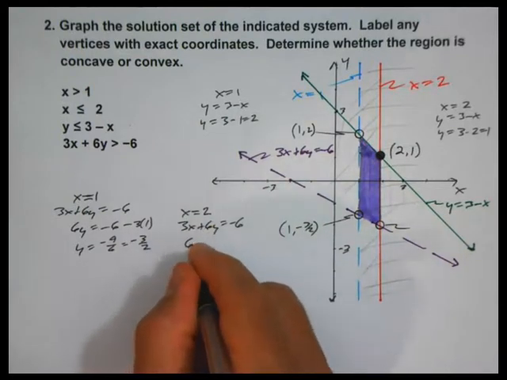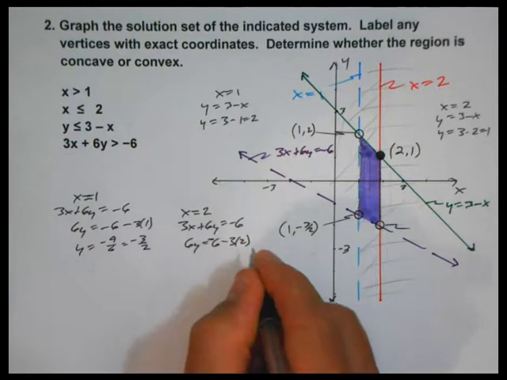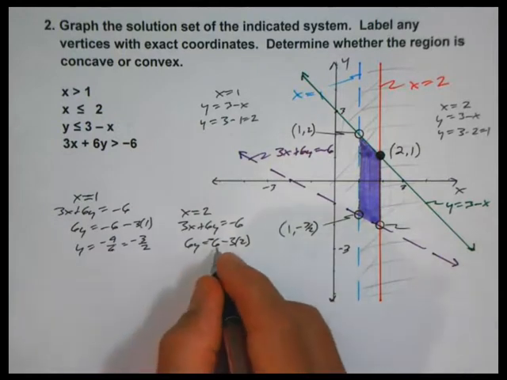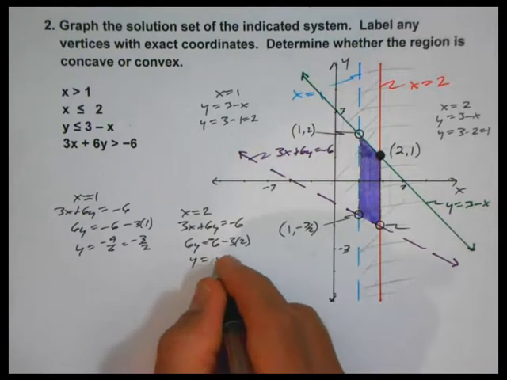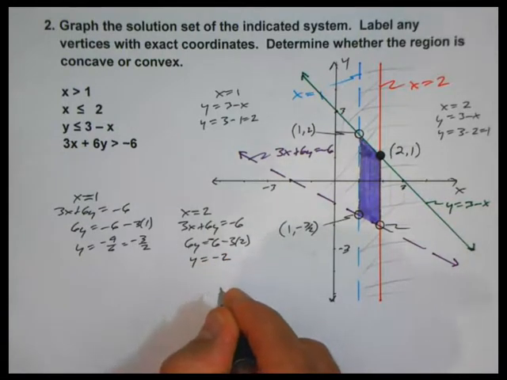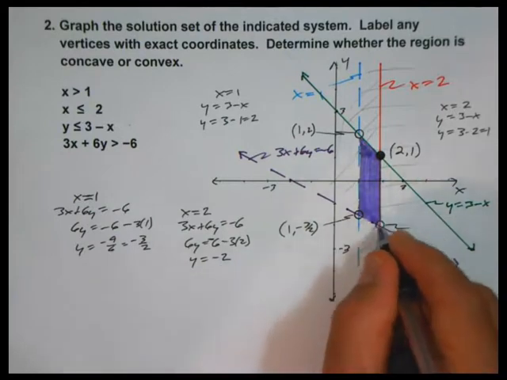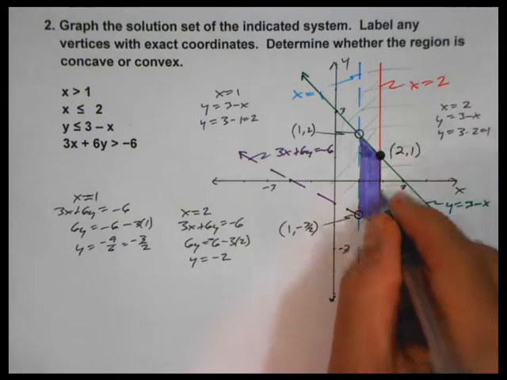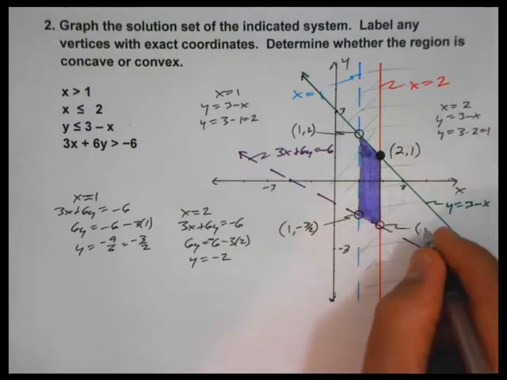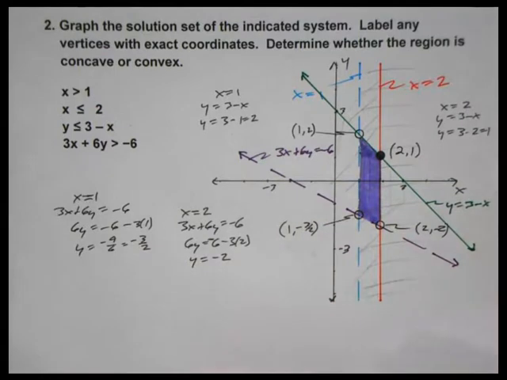We'd have 6y equals negative 6 minus 3 times 2. That looks like negative 6 minus 6, negative 12. y will then equal negative 2. Let's see if that looks graphically correct. Negative 2 for y? Yeah, looks good. And 2 for x? Yes, looks good. Okay, 2, negative 2. Got that.